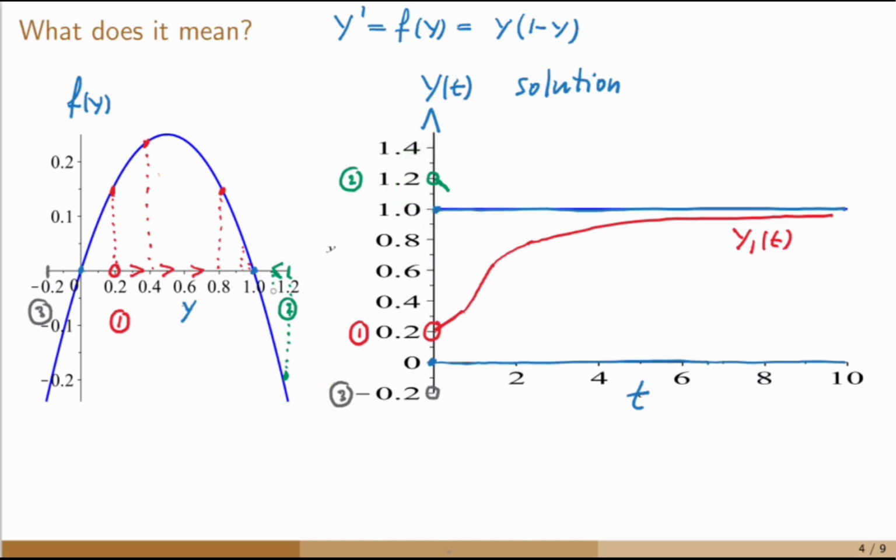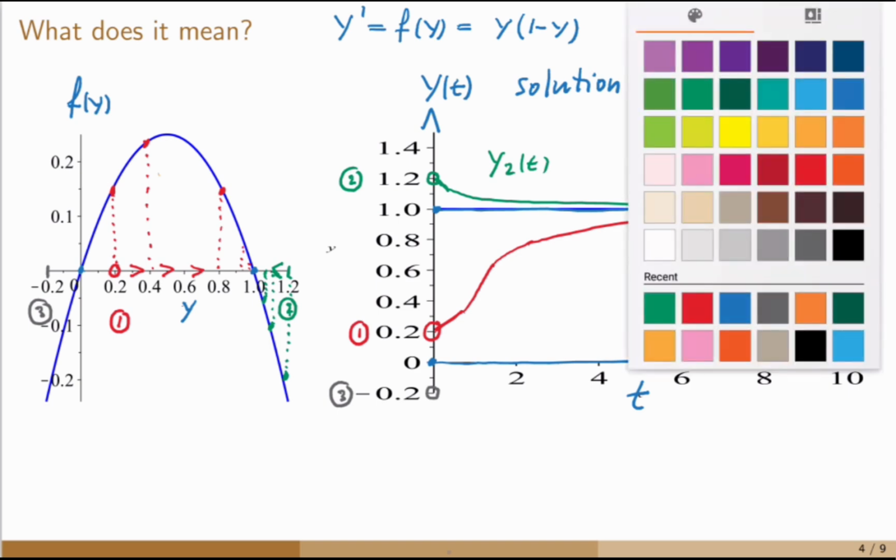But then going down and down, the slope stays negative, f is negative, but I get closer and closer to 1. So what happens is very similar to the other case. I asymptote to 1, I'm still decreasing, but the slope gets less and less. So this would be a solution y2 of t, starting at the point 1.2.